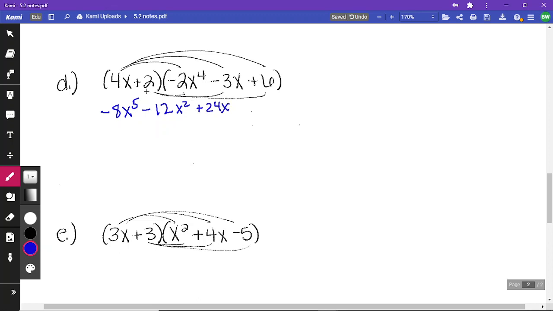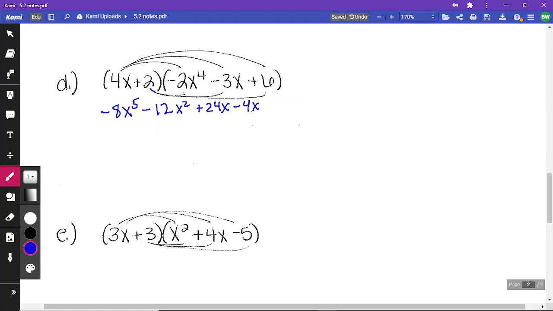So then we take the 2 times all 3 of the terms in that trinomial that we're multiplying by. Oh, sorry, x to the 4th. I came up with an extra x there somehow.